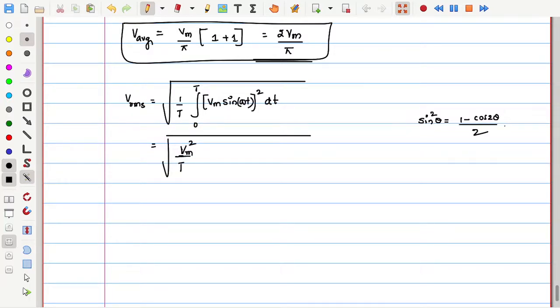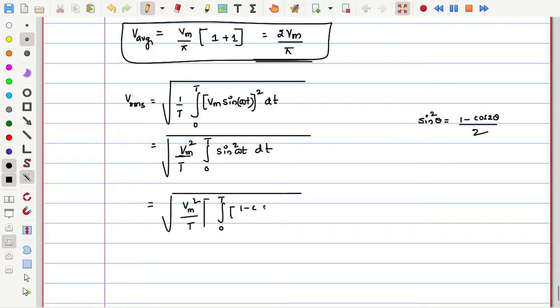Let us write this. Let me take one more step. Integral 0 to T sin square omega t dt is equal to Vm square by T, integral over 0 to T of 1 minus cos 2 theta, where theta means omega t, so 1 minus cos 2 omega t by 2, into dt.